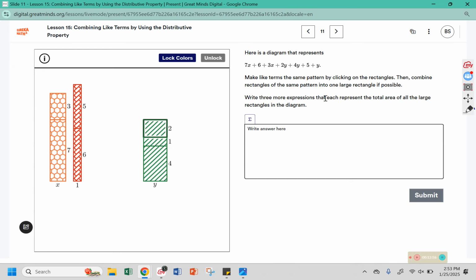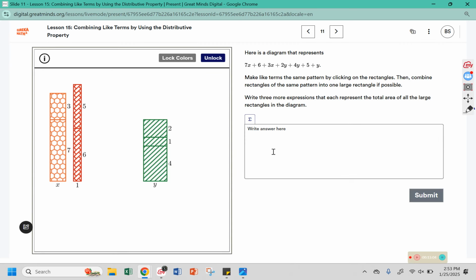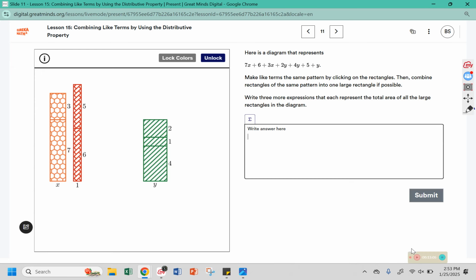Write 3 more expressions that each represent the total area of all the large rectangles in the diagram. Well, we can start with the x pieces, and those have a height of 7 plus 3.